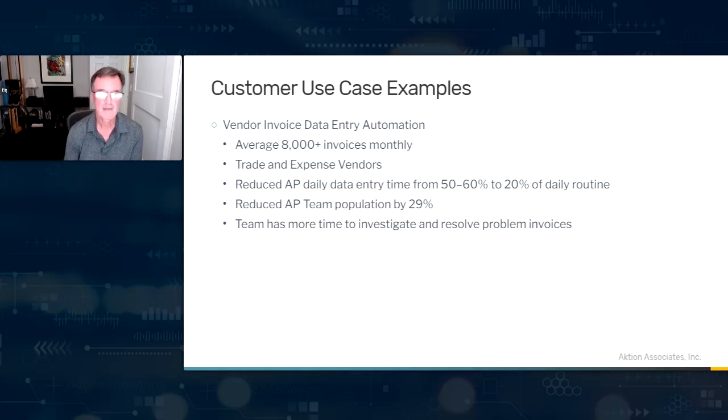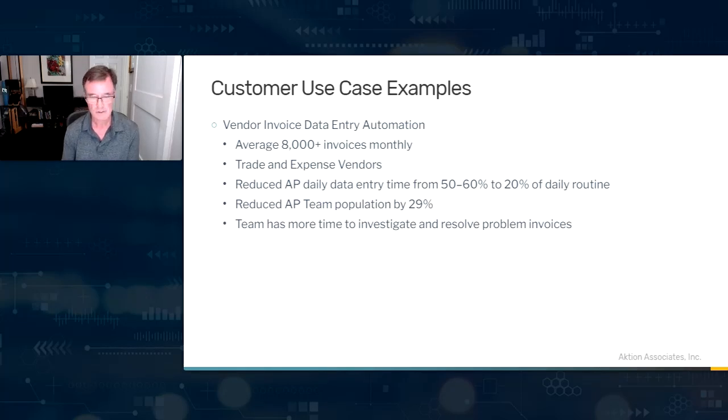but they've been averaging about 8,000 invoices a month, both trade and expenses, and they've reduced their AP daily data entry time from 50 to 60% of the day doing data entry to doing 20% of it. So it enabled them to reassign folks from their AP team to more important tasks, and they have much more time to resolve and investigate problem invoices.